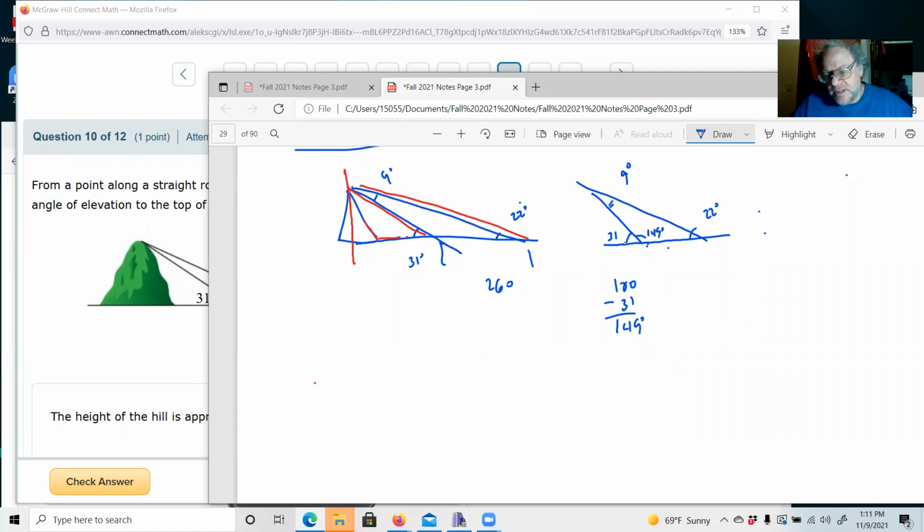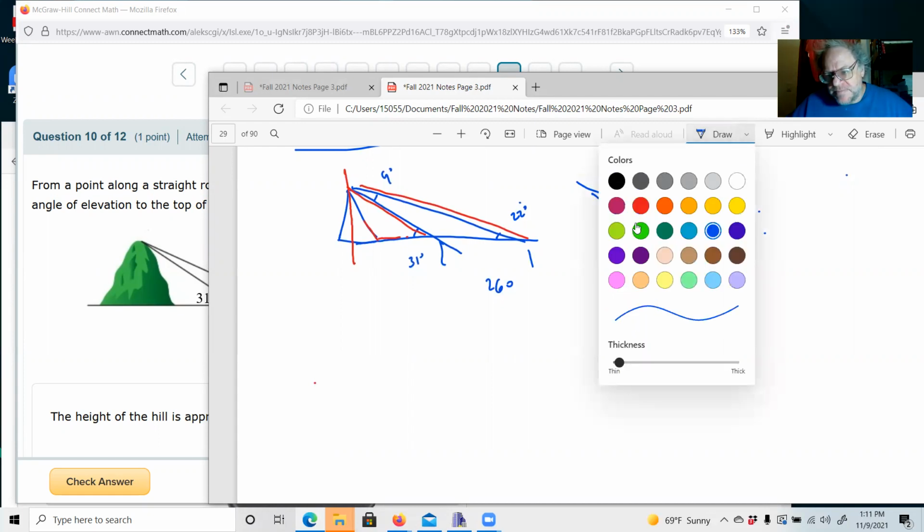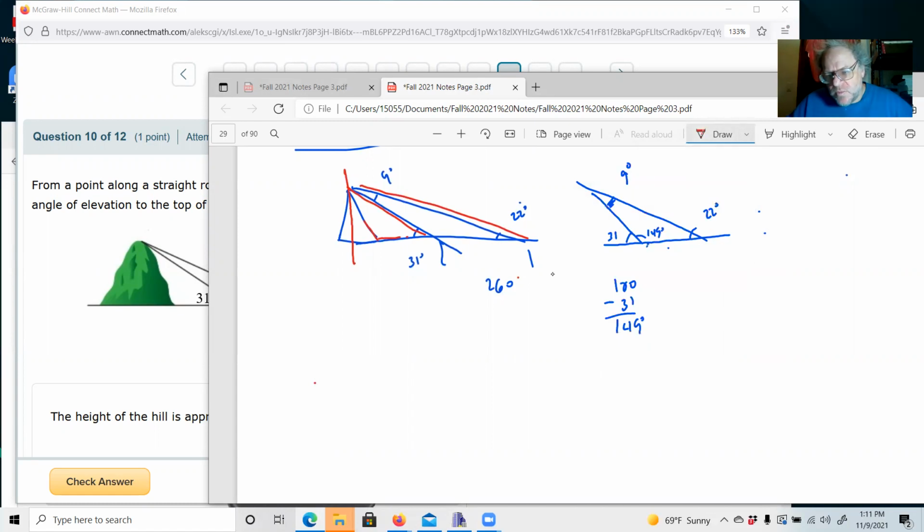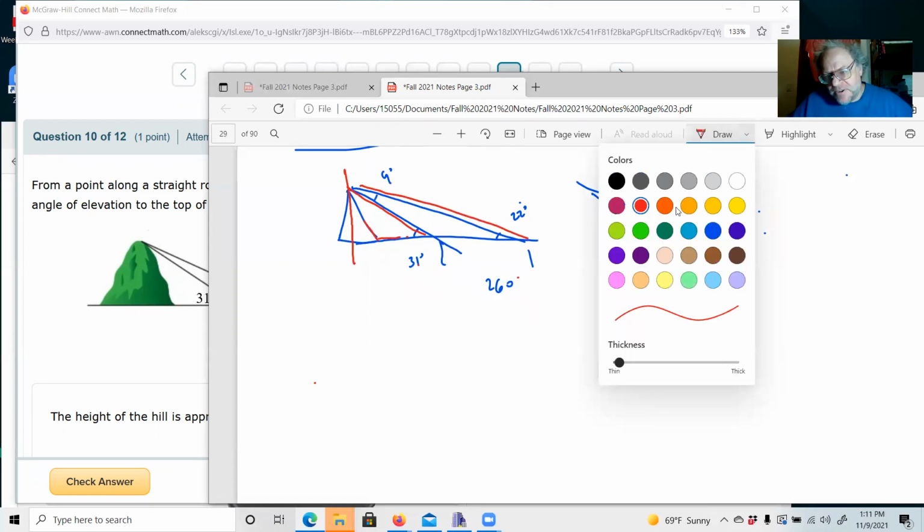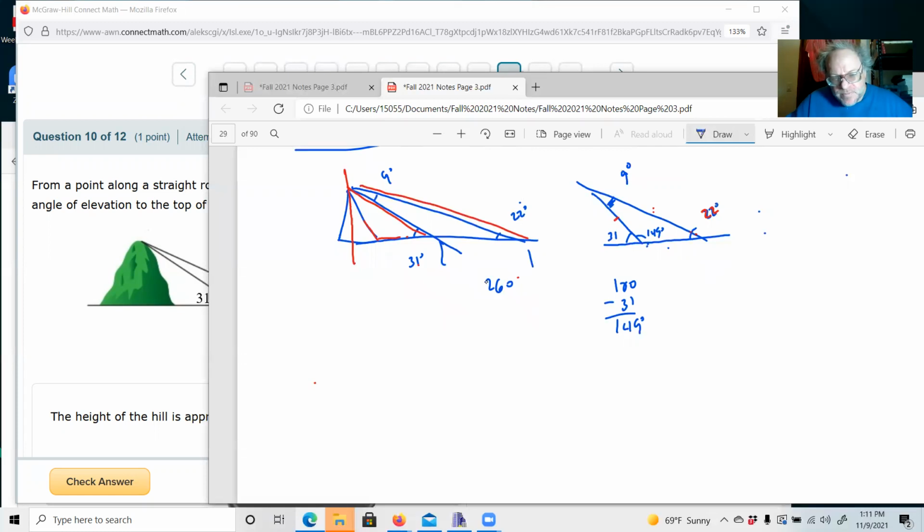We know the opposite of the 22. So the 22 and that side are opposites. We know what these are and we know what this is. What I really want to do is get what this angle is or what this side is, because once we know that side and that angle, we know that this guy here, this is 31 degrees.